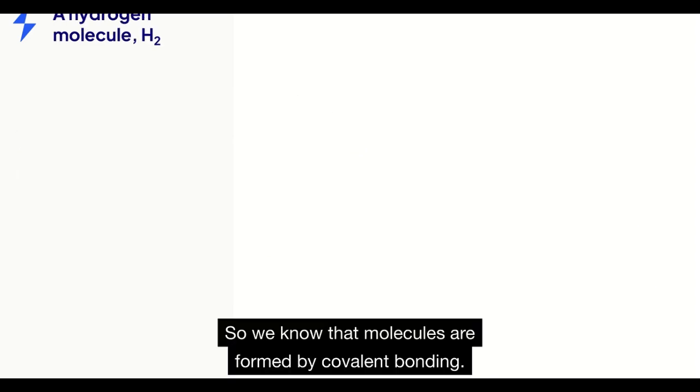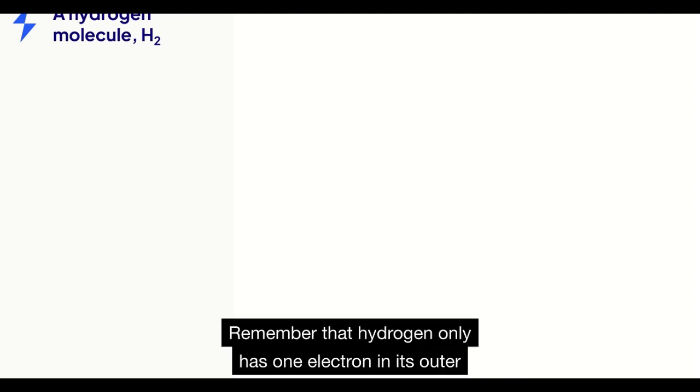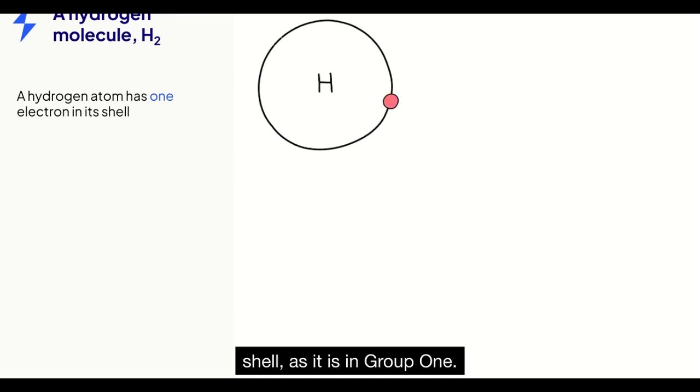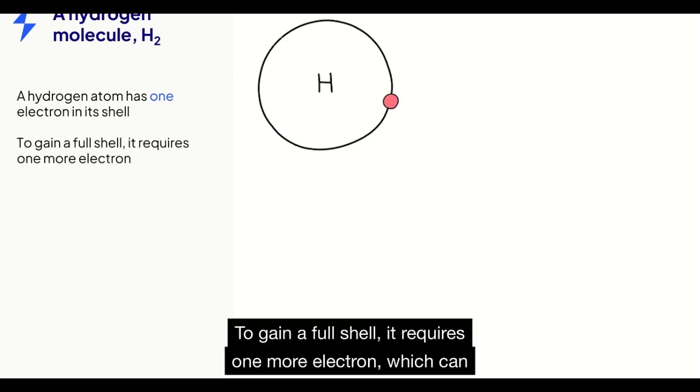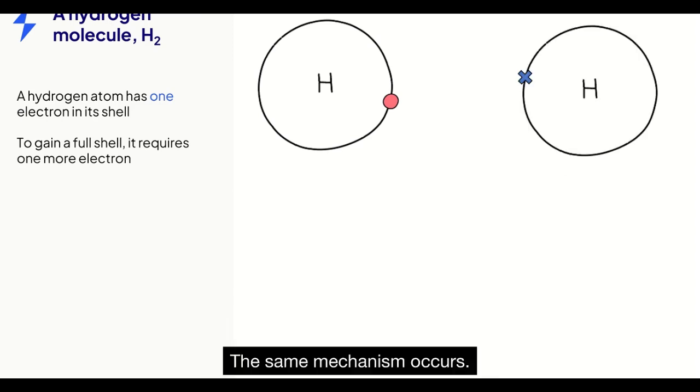So we know that molecules are formed by covalent bonding. A hydrogen molecule is a good example. Remember that hydrogen only has 1 electron in its outer shell, as it is in group 1. To gain a full shell, it requires 1 more electron, which can come from another hydrogen atom. The same mechanism occurs.